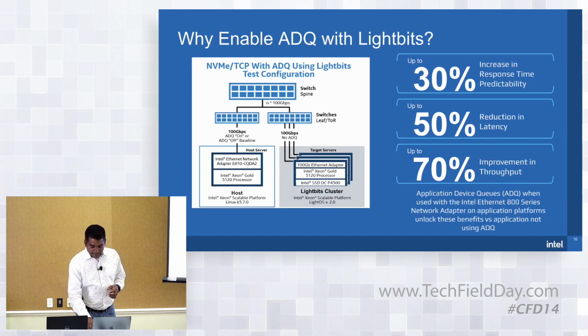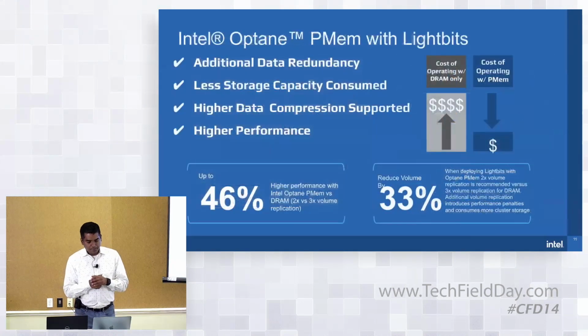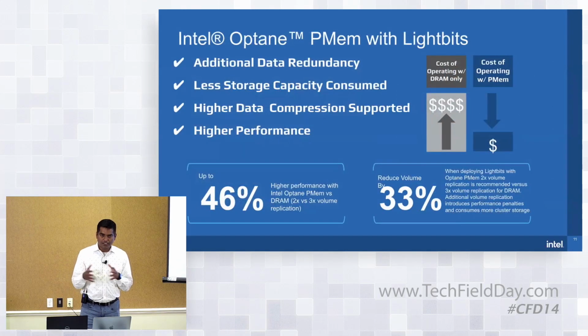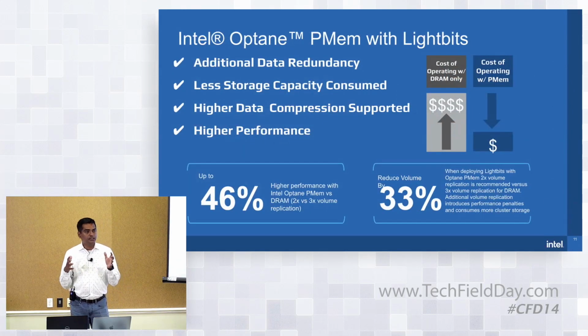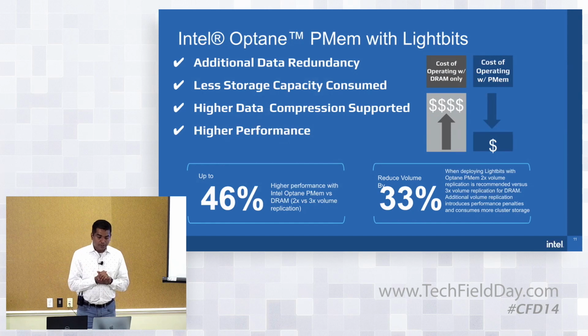And the third point that I wanted to cover was around the memory. If you have a deployment of the Lightbits solution with DRAM compared to an Optane technology based solution, the performance that you get is up to 46% better.